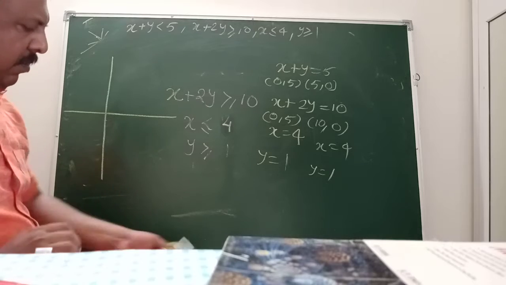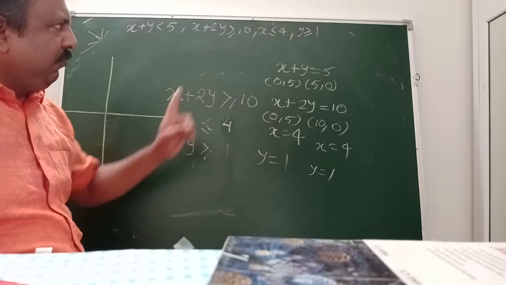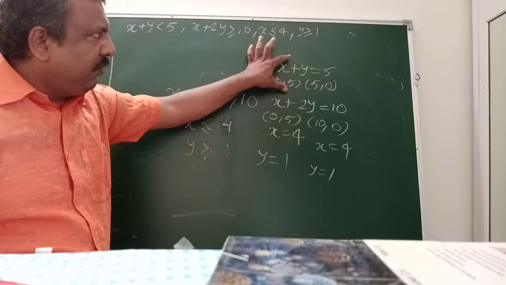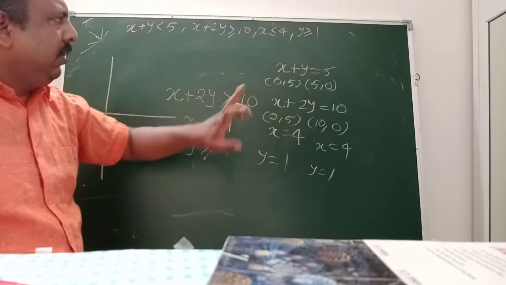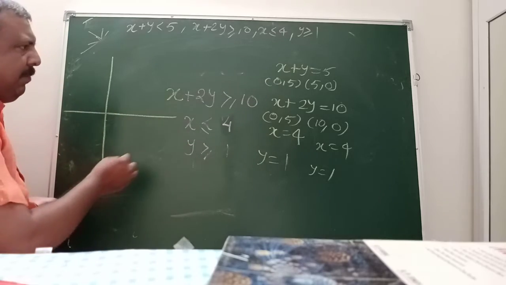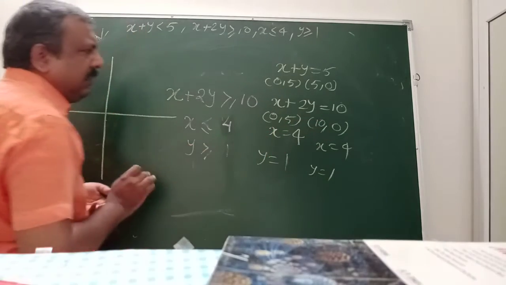So one by one you complete the inequality, but first take the points of the first equation and plot the first inequality. So what are the points? 0, 5 and 5, 0.